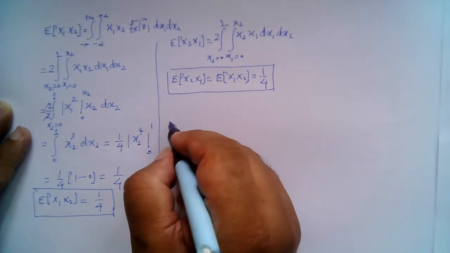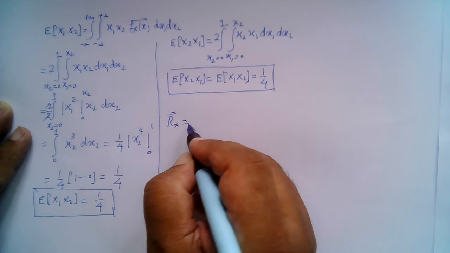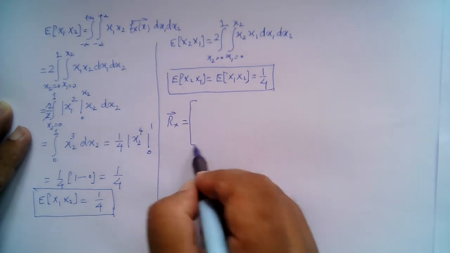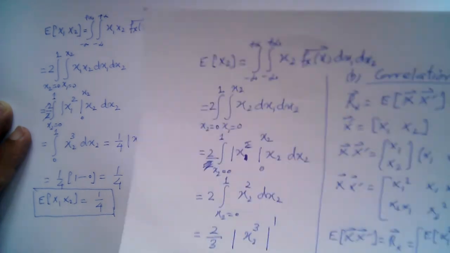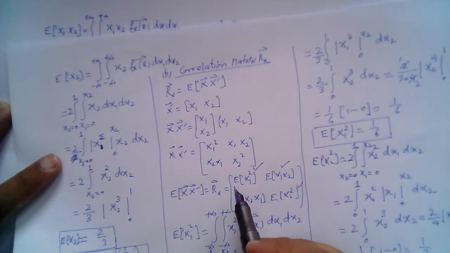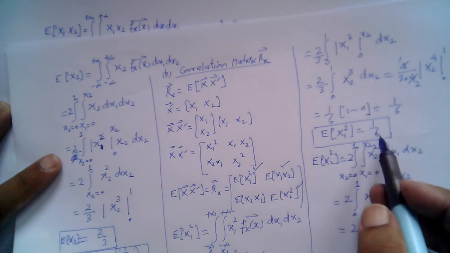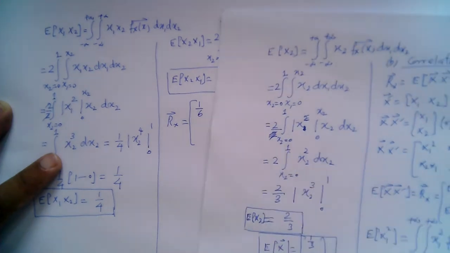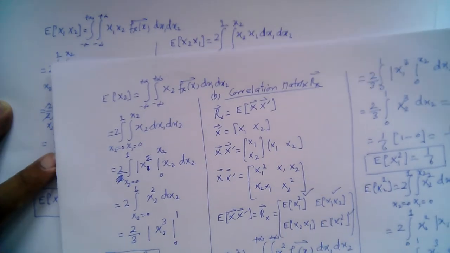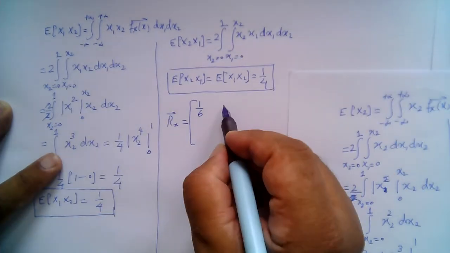So the correlation matrix of the random variable x is given by, let's put in the results now. Expected value of x1 square was 1 over 6, right? So this is 1 over 6 here. Then expected value of x1 x2 is 1 over 4.